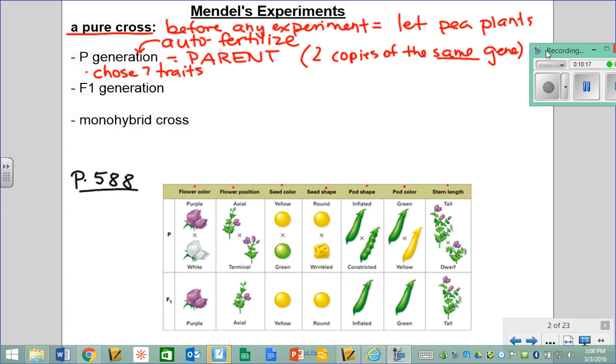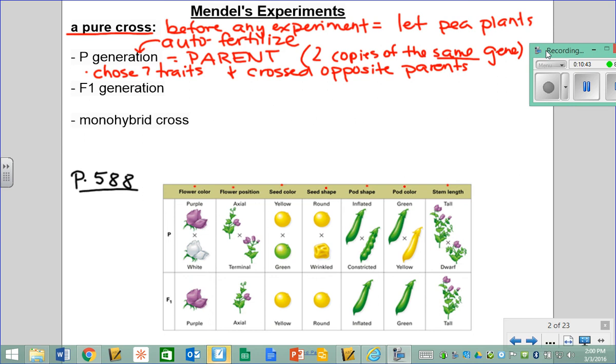And with those 7 traits, he would cross opposite parents. So he would find 2 of these parent generation plants where they had just auto-fertilized themselves. And he would find plants that had the opposite characteristic.